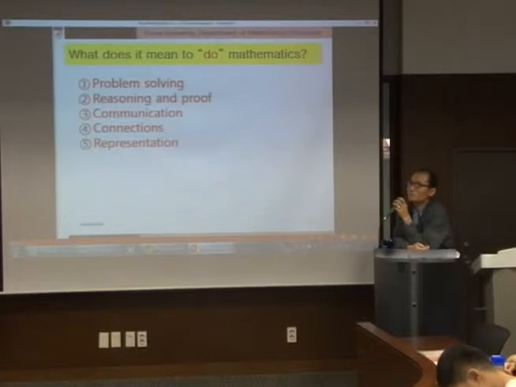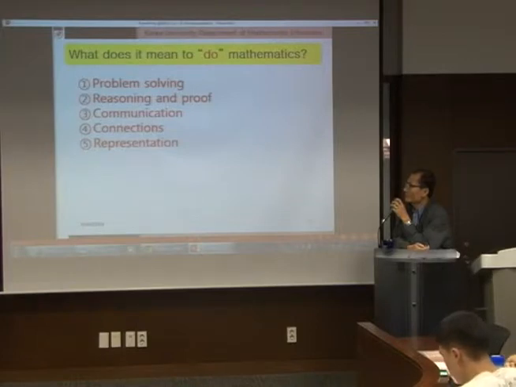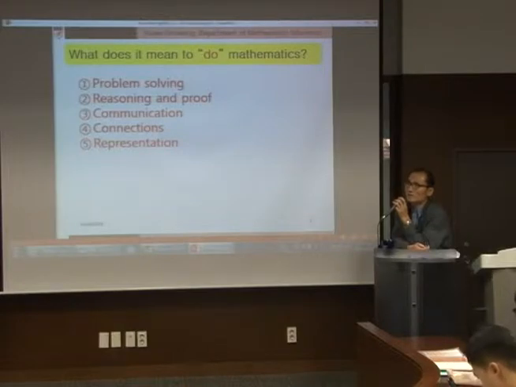So based on the 5 processes: problem solving, reasoning and proof, communication, connection, and representation, we have thought about how to assess mathematical thinking processes.